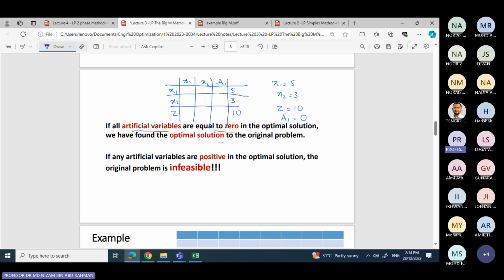However, if the final iteration of your simplex tableau looks like this, with A1 like that, then the solution is like so, right? And then this is x2.